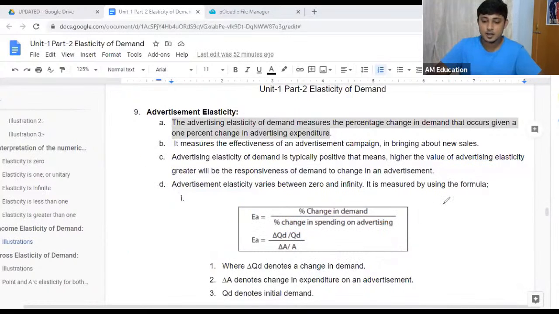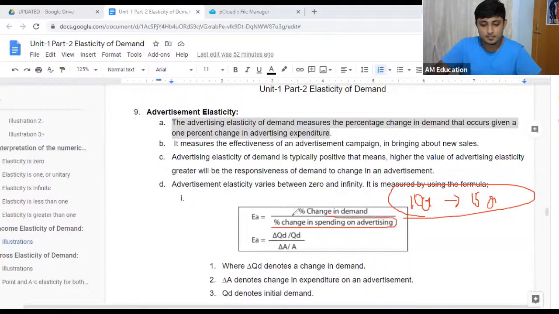10 crores to 15 crores. And how much is the percentage change in spending on advertisement? Okay, new number I'll give: 20 crores to 25 crores.